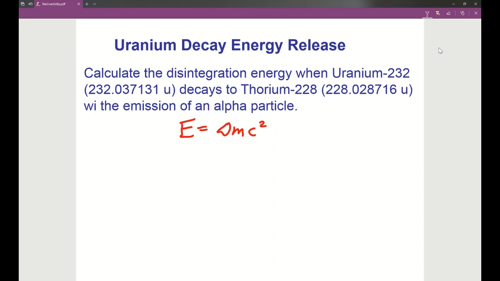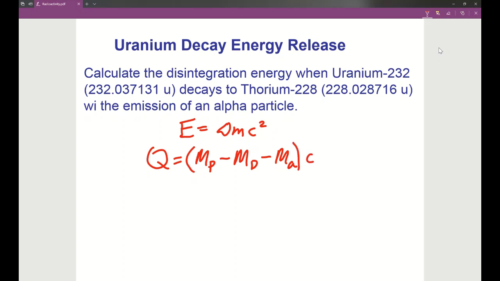Now, for whatever reason, the disintegration energy is denoted as Q, so we're just going to write it as that. I don't know why. But Q will be equal to the change in mass. So the mass will be the mass of the parent nucleus, which would be uranium-232 in this case, minus the mass of the daughter nucleus, which would be thorium-228, minus the mass of the alpha particle.